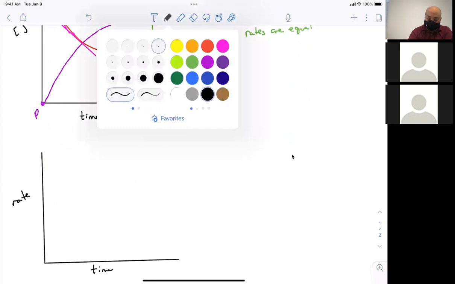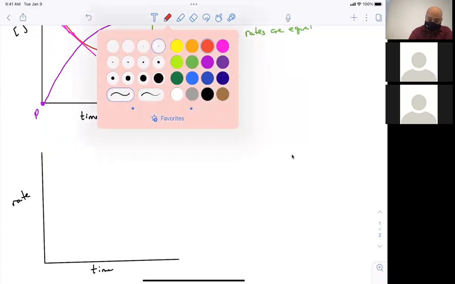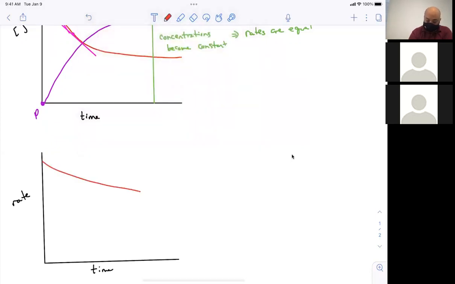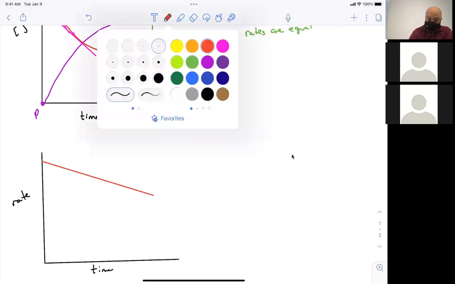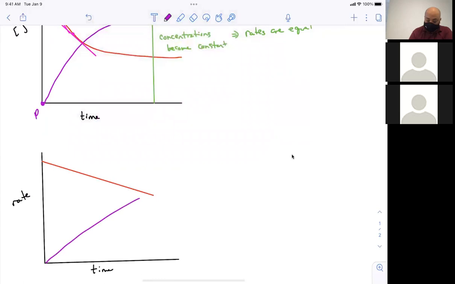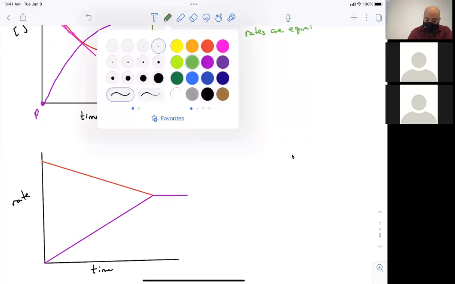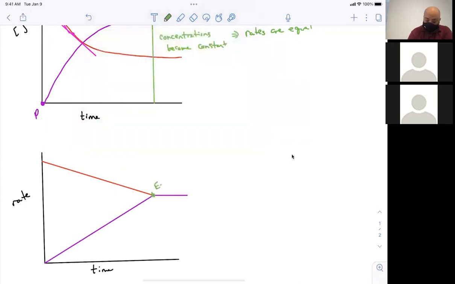And so for the reactants, because you're using up the reactants, the rate will go down. And if you're making products, the rate will go up. But then eventually they will be equivalent. And at that point is where equilibrium is defined.